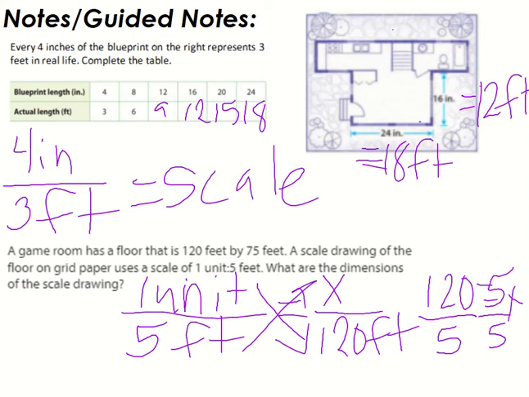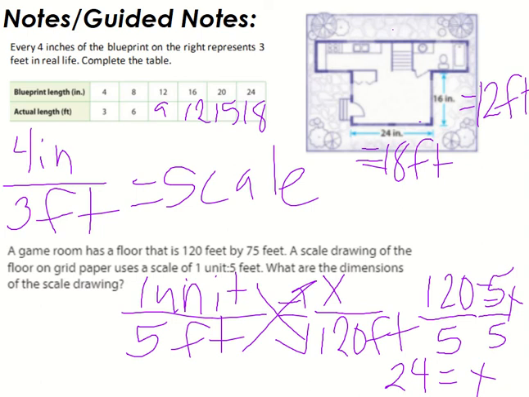So when we divide 120 by 5, that will tell us the measurements on the scale. So this gets us 24 equals x. So 120 feet in real life is 24 units on grid paper. Okay, that's what that means.